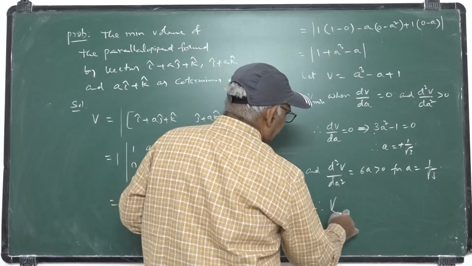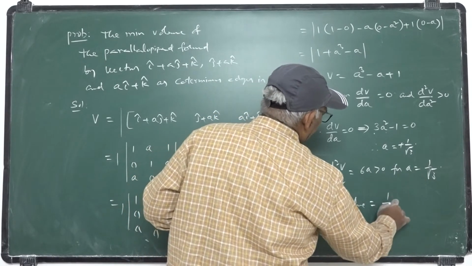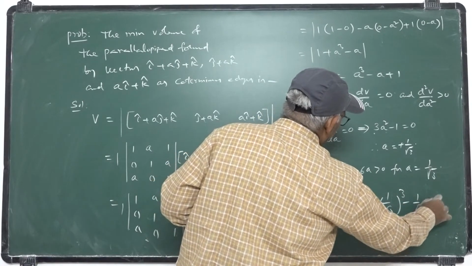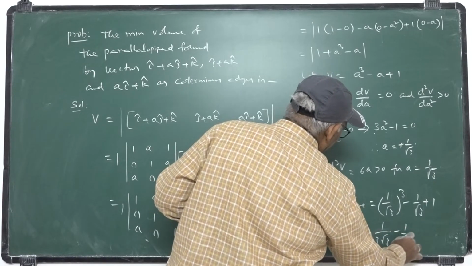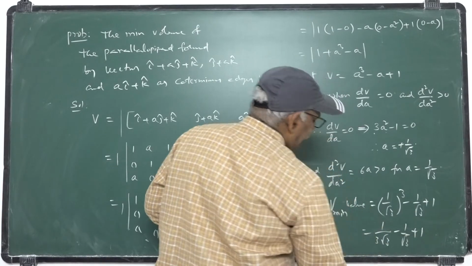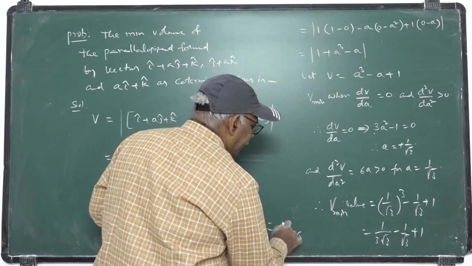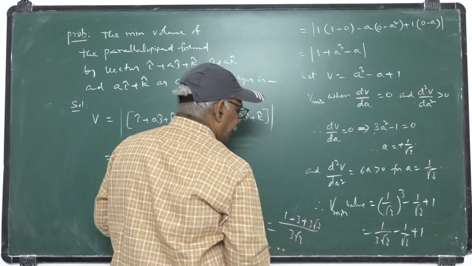Therefore, V minimum value is obtained by (1 by root 3) whole cube minus 1 by root 3 plus 1. This is 1 by 3 root 3 minus 1 by root 3 plus 1. Now on simplification, 3 root 3 is our LCM, and so I get plus 3 root 3.